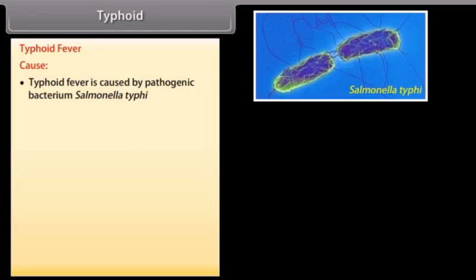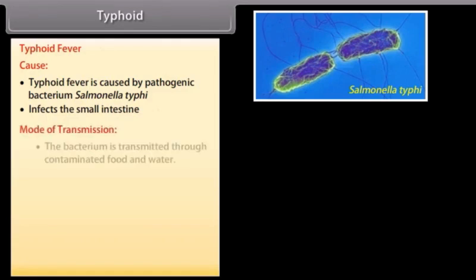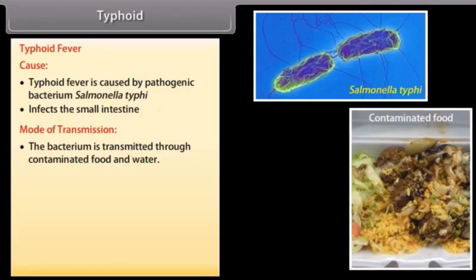Typhoid. Typhoid fever. Cause. Typhoid is caused by pathogenic bacterium Salmonella typhi. It infects the small intestine. Mode of transmission. The bacterium is transmitted through contaminated food and water.